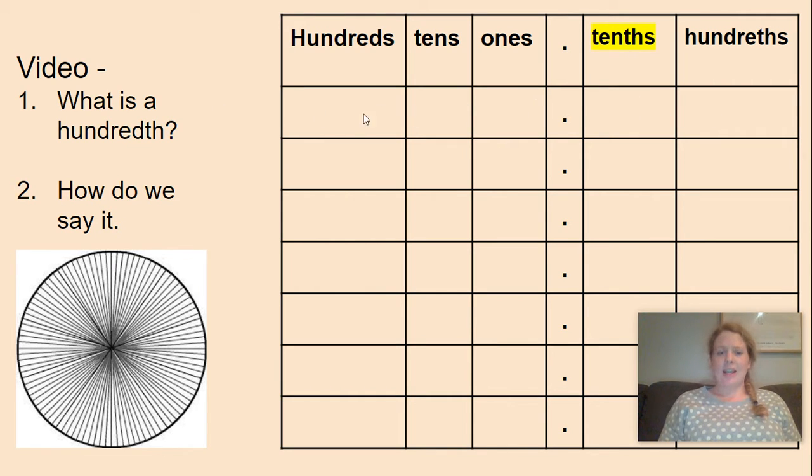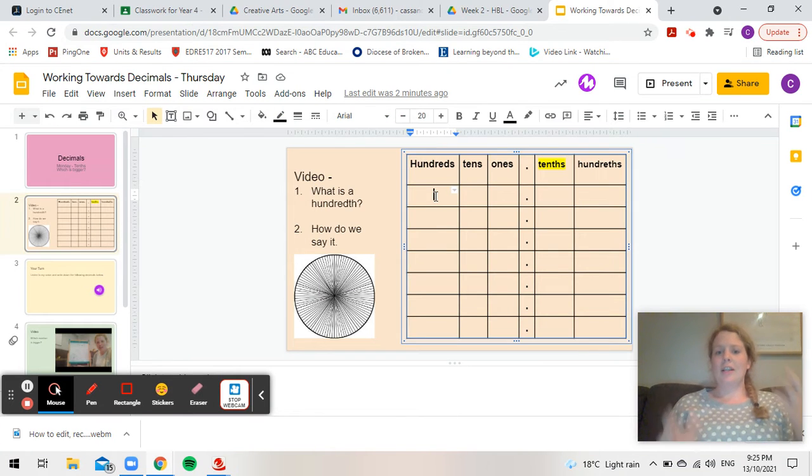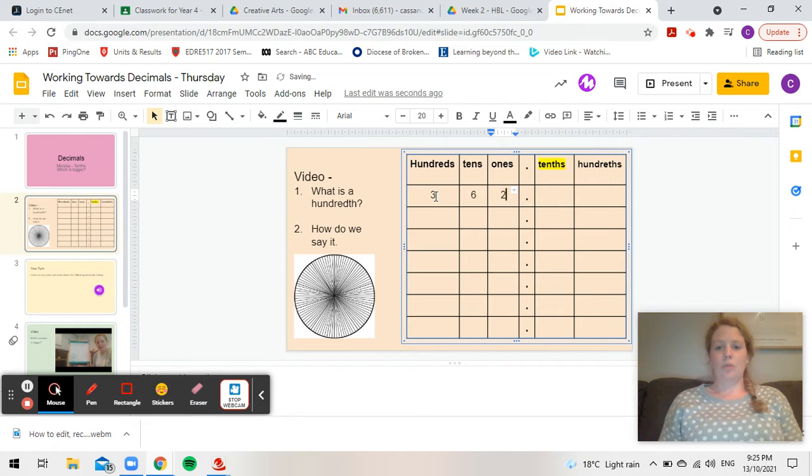So just like say we were doing, and I'm going to have to get out of this so I can type in it. If I said 362. Now, if I was to write this in my columns here, just 362, I could only have one number in each column. Or if I was doing 76, I could only have one number in each column.